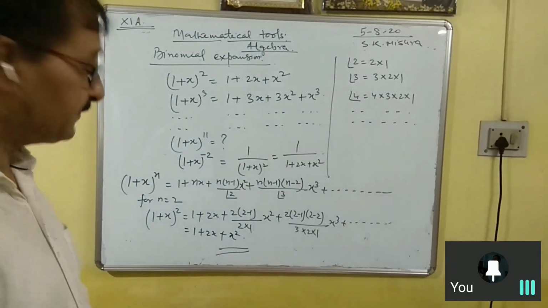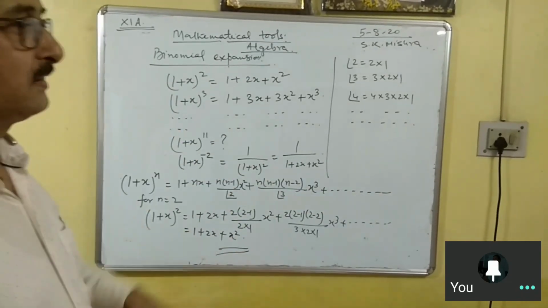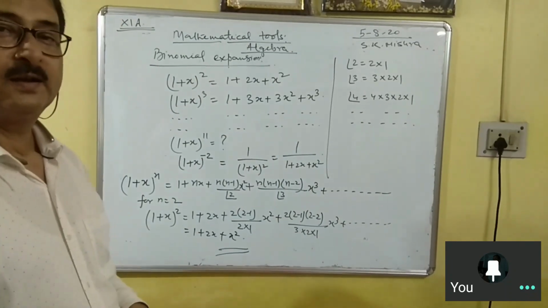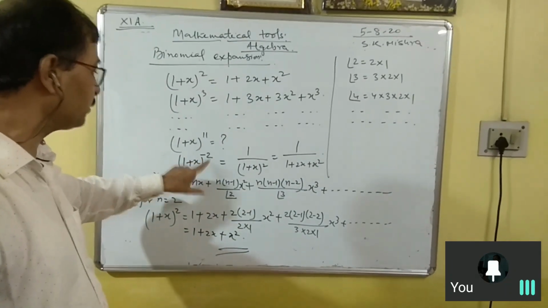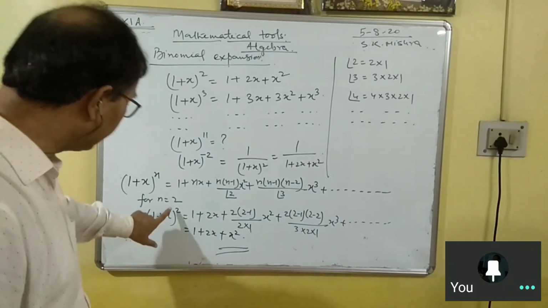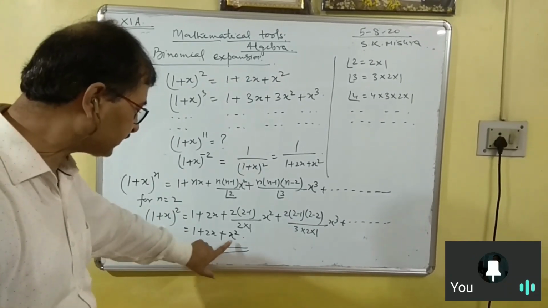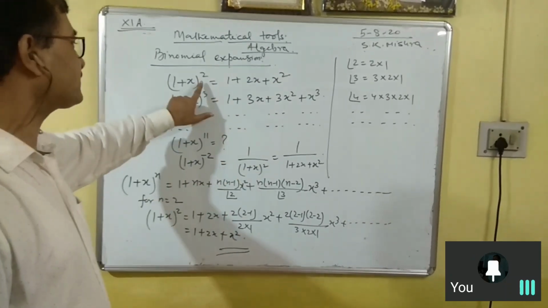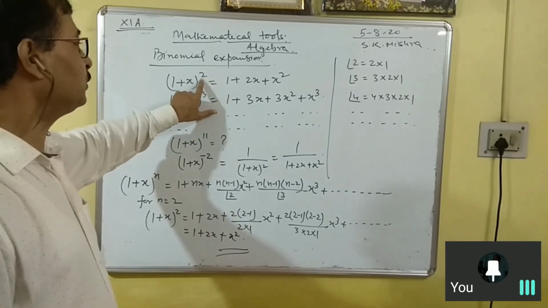So this is a very simple way to expand this expression. You can expand another expression also if you put n is equal to minus 2. One more thing you have noticed: if the power is 2, see the number of terms, 1, 2, 3.